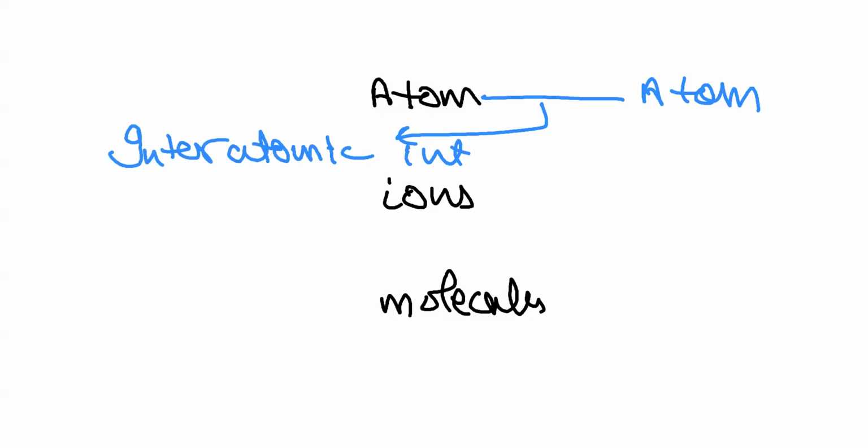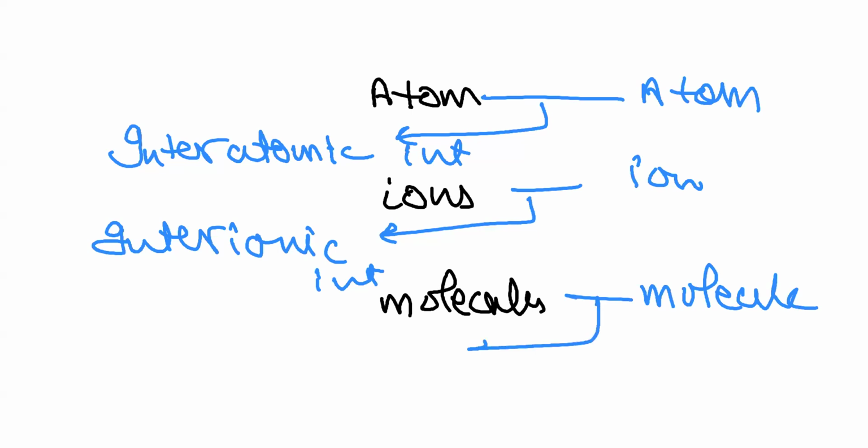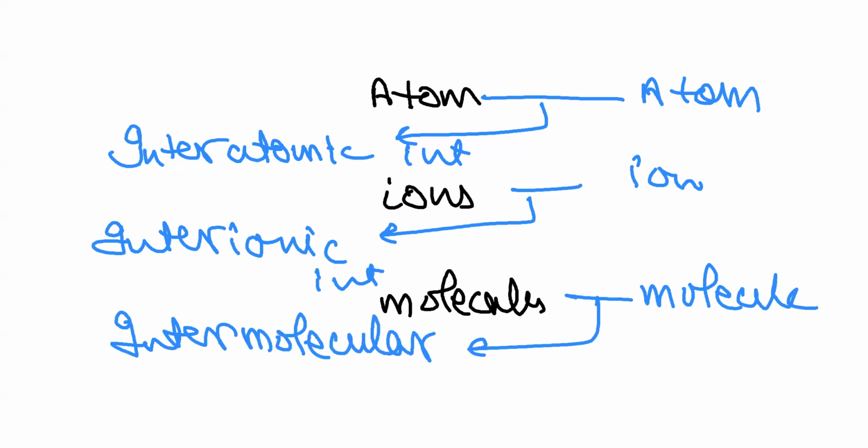Interaction between ions is known as interionic interaction. And interaction between molecules is known as intermolecular interaction. So the whole world is running on these three types of interactions. These are the major ones.